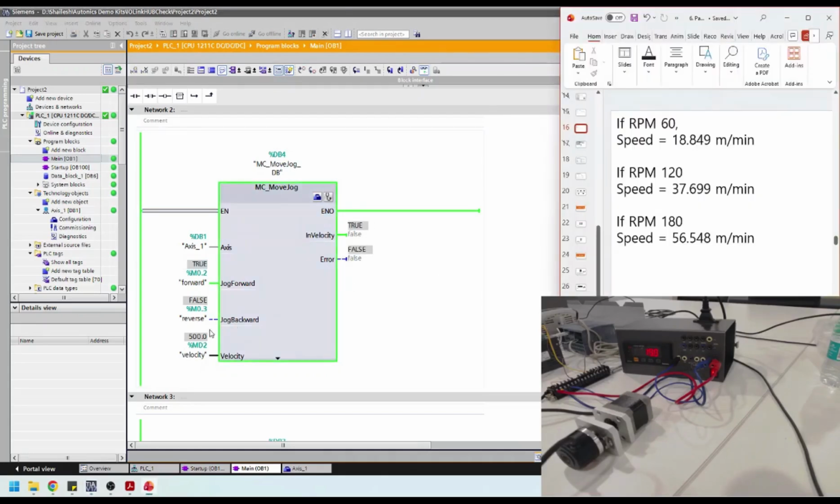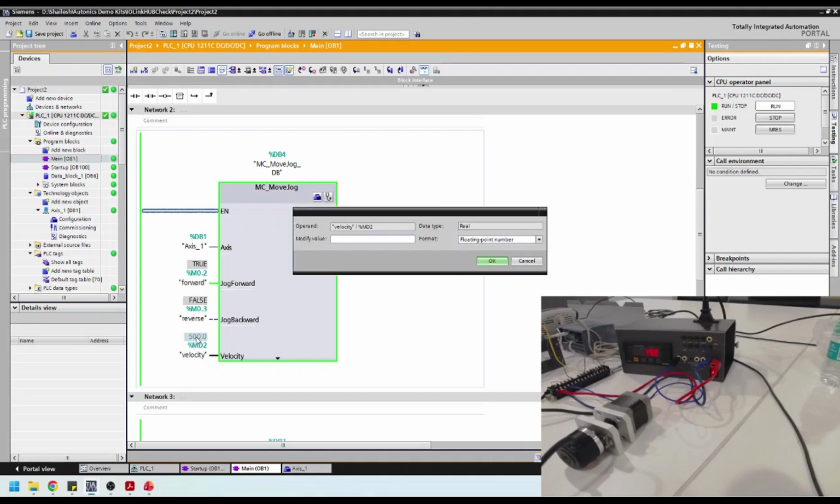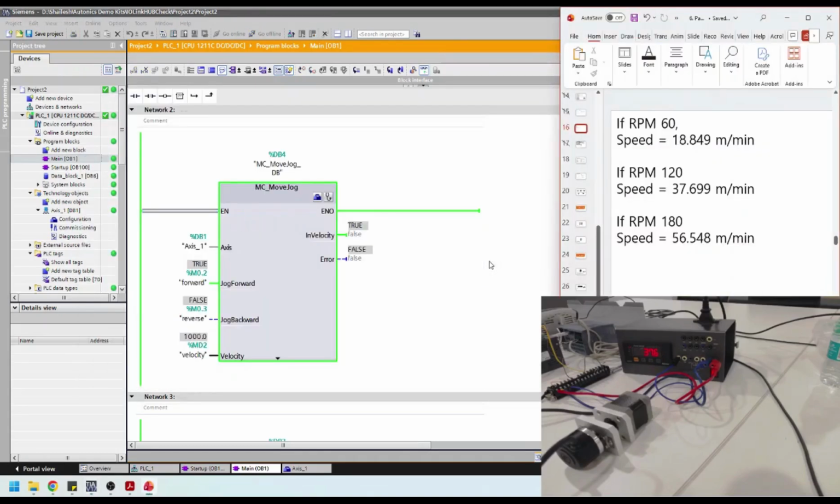Running the motor at 60 RPM with 500 pulses, we can see we are getting a speed of 18.49 as per our calculation. Let us verify at 120 RPM. For 120 RPM, I need to give 1000 pulses. For 1000 pulses, the speed should be 37.699. Yeah, so we are receiving 37.6.